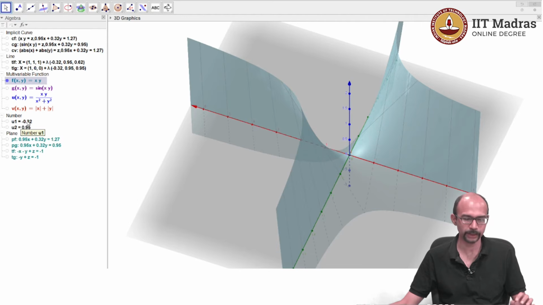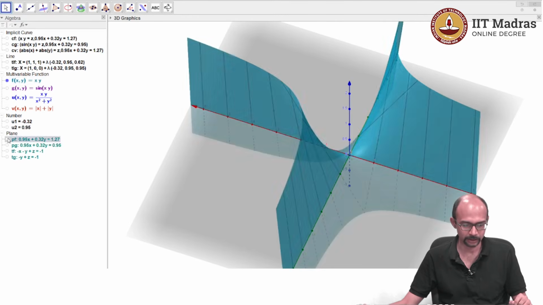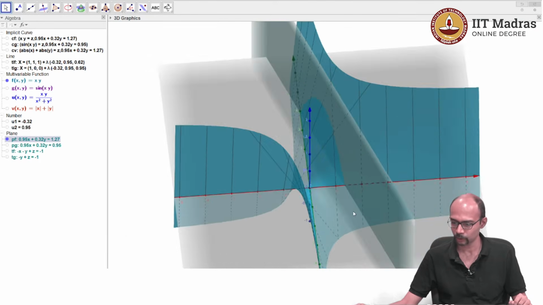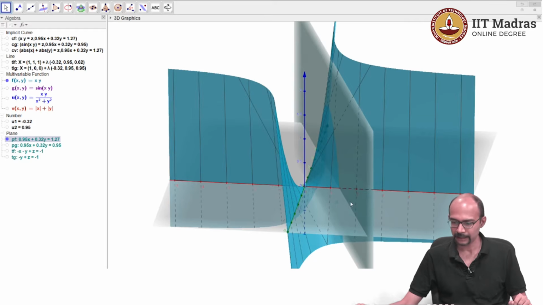I have some unit vector which I am going to change. So, here is a plane passing through the point 1 comma 1. I hope you can see the plane, and now let us restrict the graph of this function to that plane. If we do that, then we get this curve.